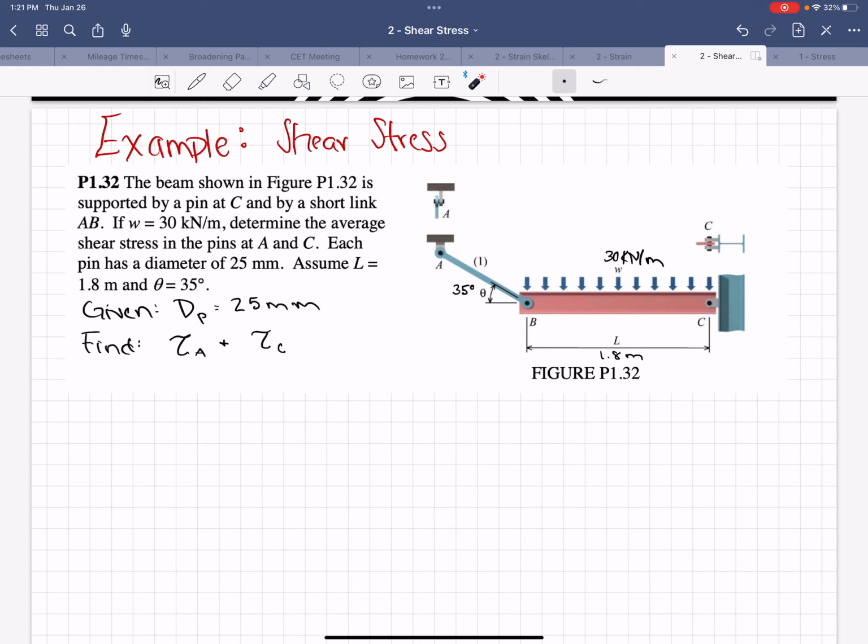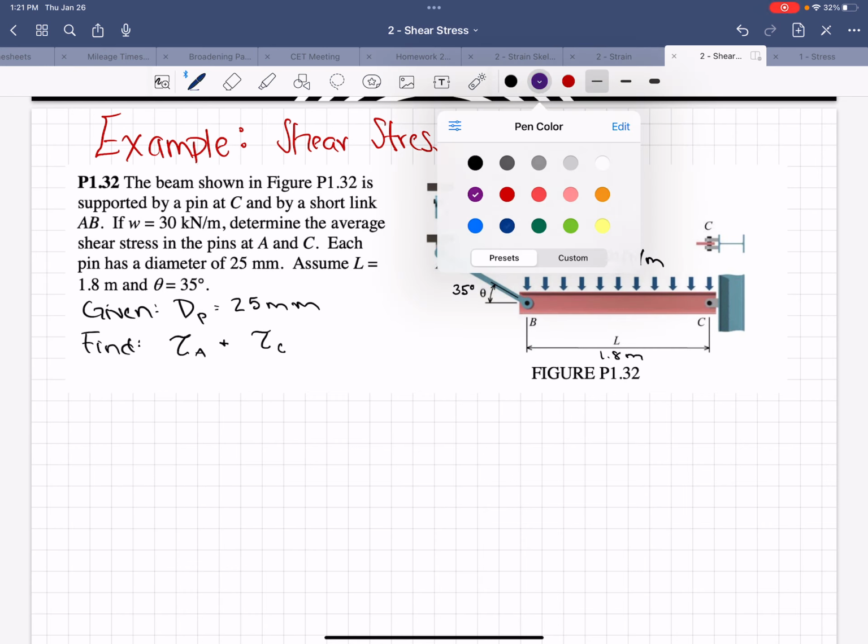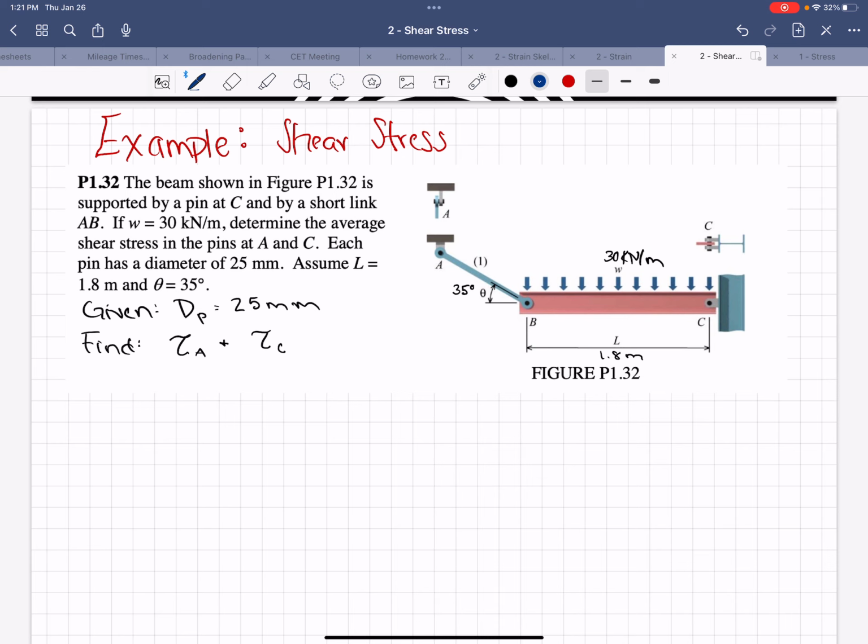So to start with, this is a stress, so that means it's a force over an area. It's a shear stress, so we're going to call that force a shear force. So our guiding equation for this problem is tau, the shear stress, equals the shear force all over the area over which it acts.